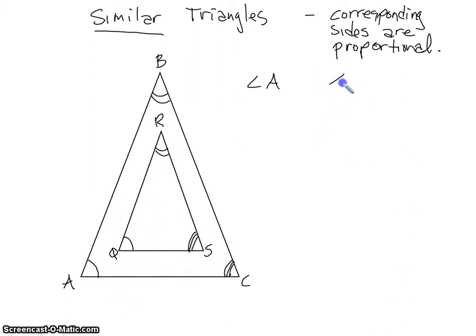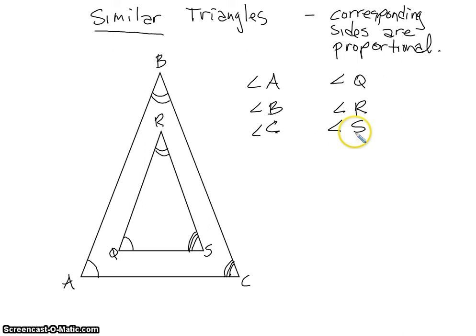Well, that would be angle Q. They both have one mark. They occupy the same space in two different triangles. Likewise, angle B in the big triangle would correspond to what angle in the small triangle? Well, that's angle R. And angle C in the big triangle would correspond to angle S in the little triangle.